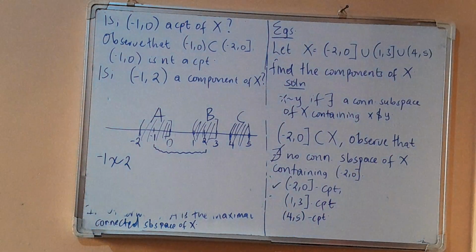You remember our relation which we defined. We defined that relation in such a way that two elements are related if there exists a connected subspace of X containing -1 and 2 at the same time.